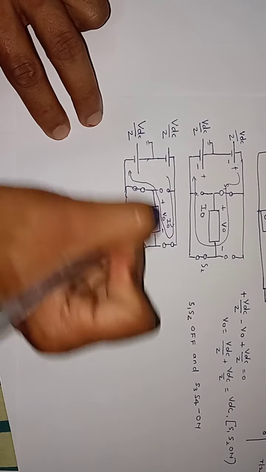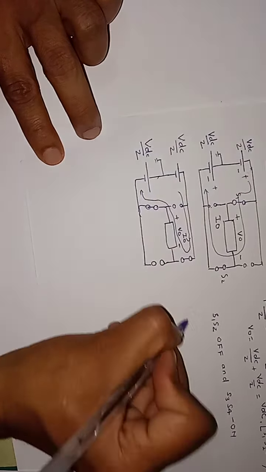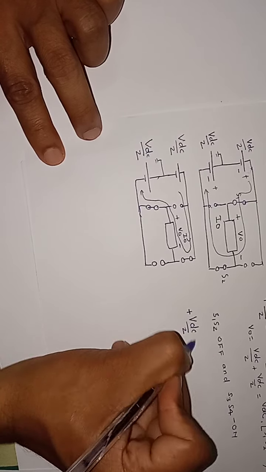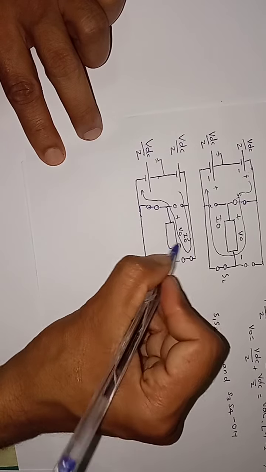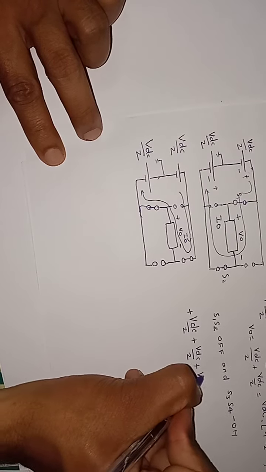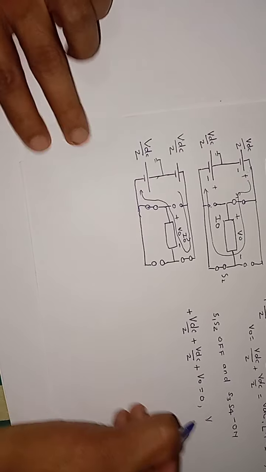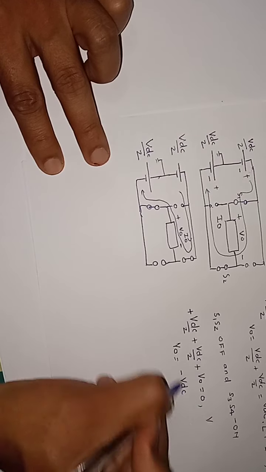Now we can find the KVL. KVL will be plus VDC by 2 plus VDC by 2 and plus VO is equal to 0. So we get VO is equal to minus VDC.